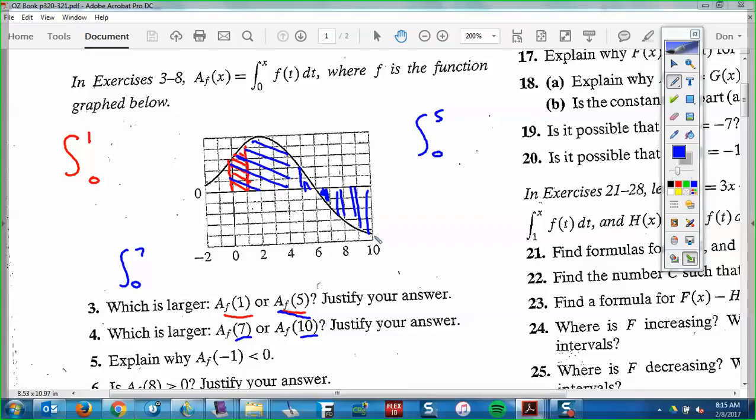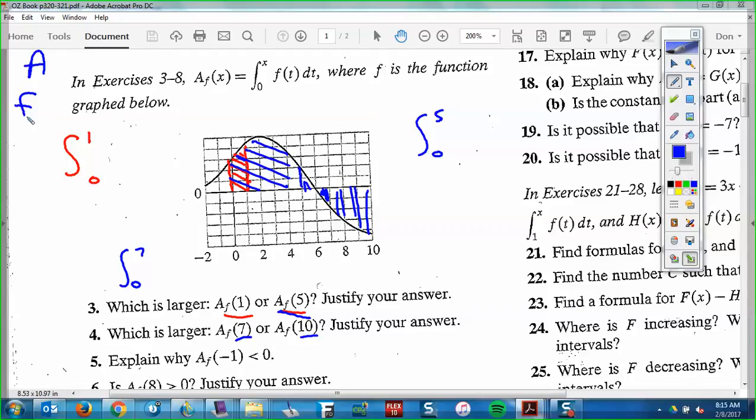Okay? Now, let's talk about this here. Since we know that the area function is the antiderivative, couldn't we have answered this question using slope stuff, not area stuff?